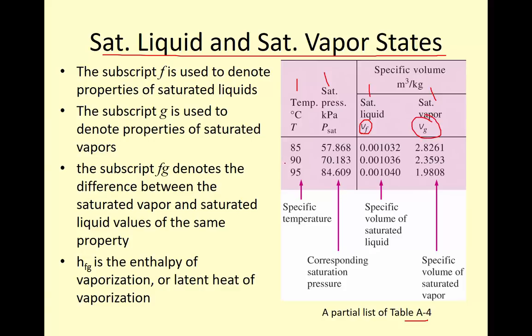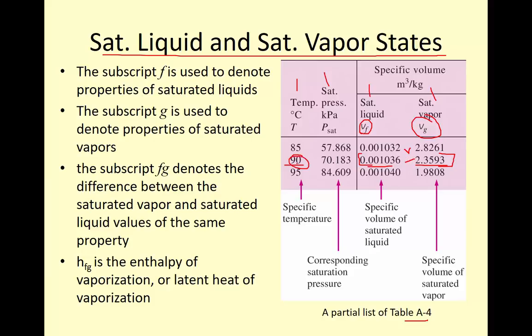So if we know the temperature, and we know that our specific volume is somewhere in between these two numbers, so this gives us a range, then we know that we're somewhere on that line, that we're in between the specific volume of a liquid at that temperature and of a gas at that temperature, so we must be somewhere along that line if we're given a specific volume in the problem.